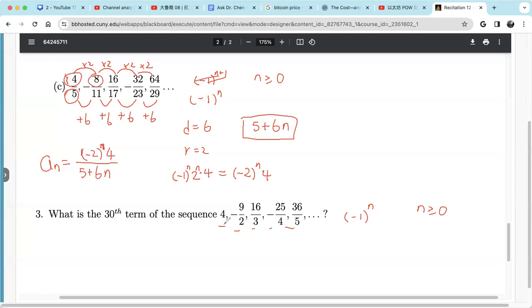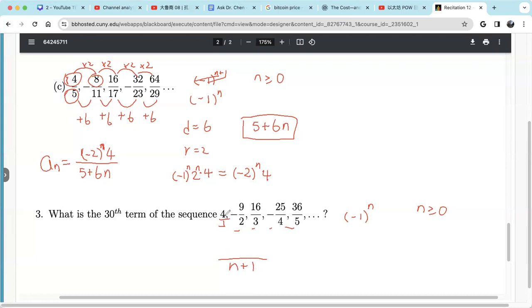The first term is 4, the second term is negative 9 over 2, then 16 over 3. Oh, okay. So the first term we can think of as 4 divided by 1. So the denominator will have 1, 2, 3, 4, 5 consecutive. Because our n starts with 0, we want to write it as n plus 1. 0 plus 1 is 1, right?